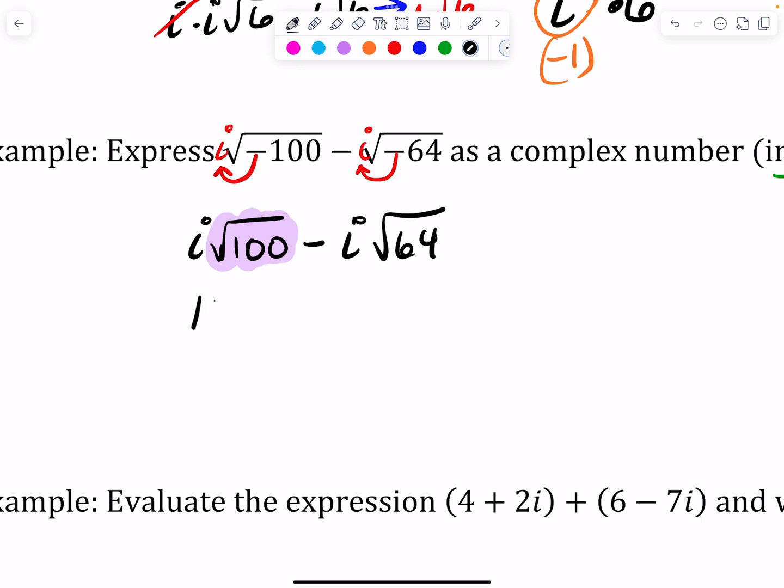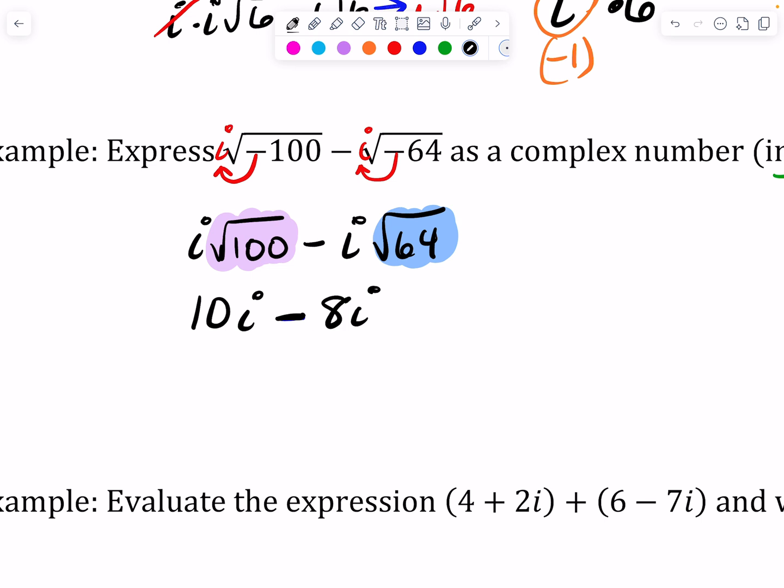So we have 10i. Then we have the square root of 64, which is just 8. So we end up with negative, let's write it as 8i. So it's always better when we put our number in front.